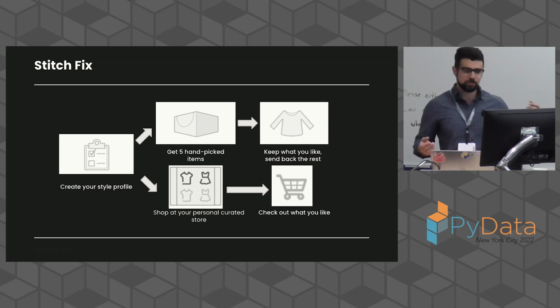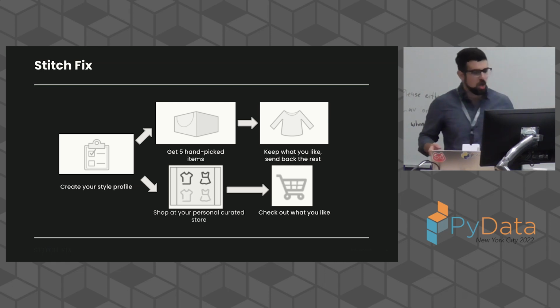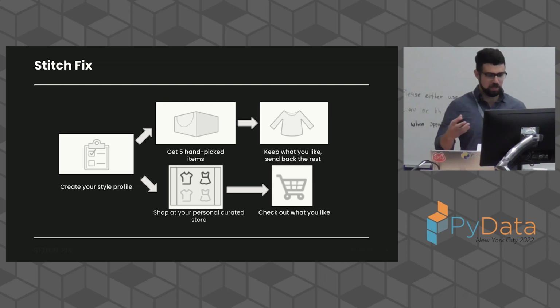Then you can go the automatic subscription route, or the personalized stylist choice, where they give you 5 hand-picked items chosen to fit you, and you keep what you like and send back the rest, an iterative process we can learn from. Or you shop at your own personal online curated store, check out what you like, take it home, and you can return it if you want.